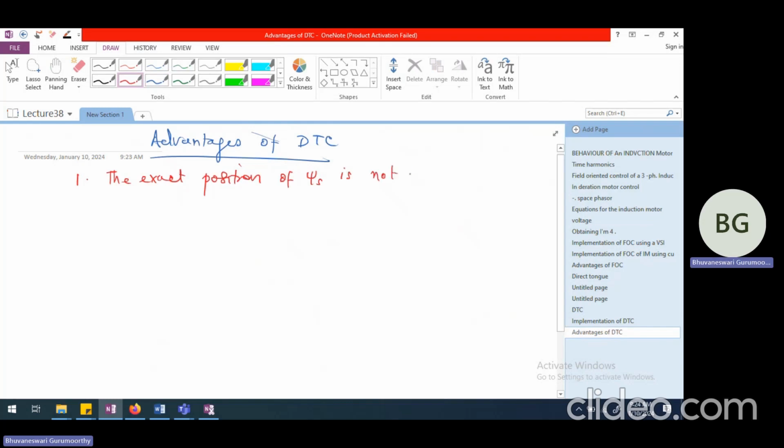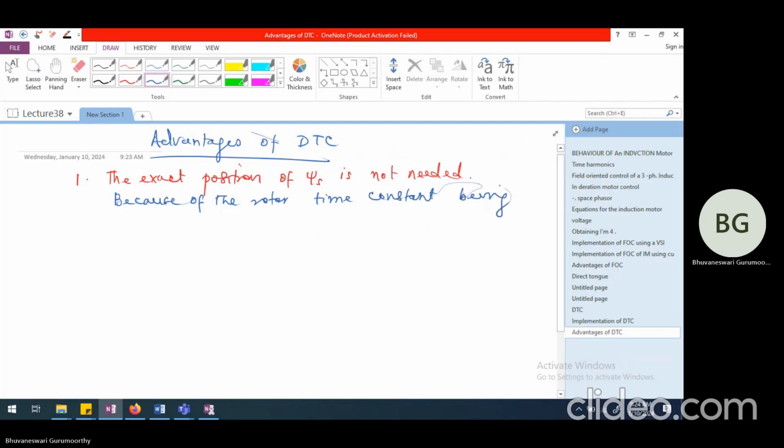And one assumption that we are making is that psi r, because the rotor time constant is large, psi r takes time to respond.